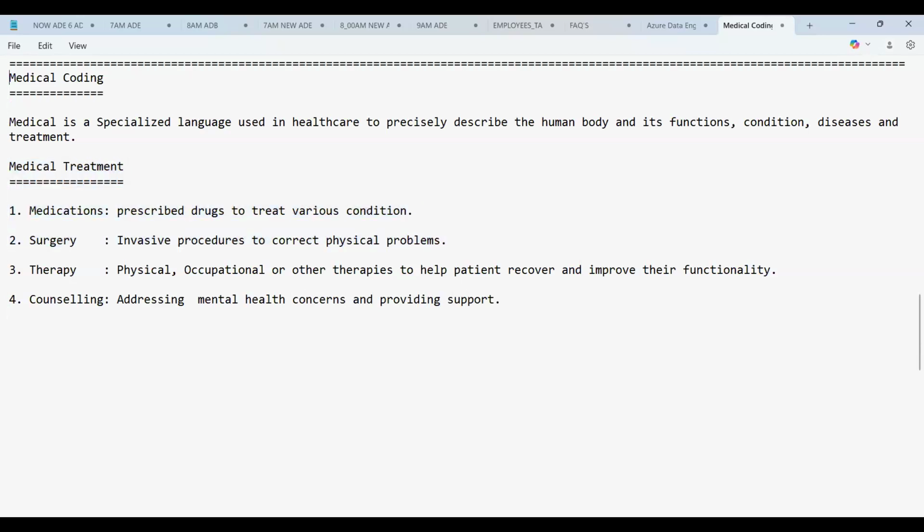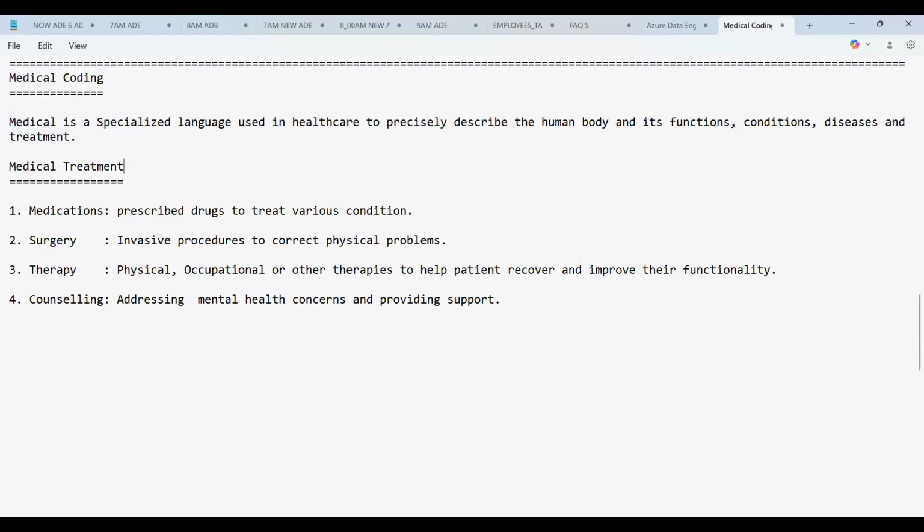So first of all, we are looking at what is medical coding, so I have split it. First I'm discussing medical. Medical is a specialized language used in healthcare to precisely describe the human body and its function, conditions, diseases, and treatments.